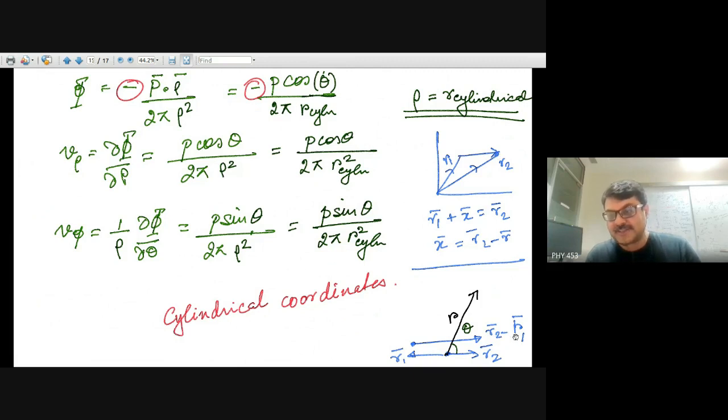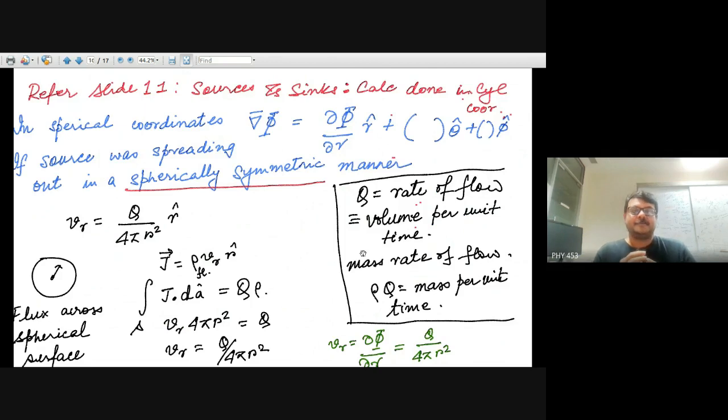So R2 minus R1 here points from here to here. Remember the direction. And then dot rho, or r in the cylindrical coordinates, that's what's here. Or if you write it in terms of cos theta and sine theta, you get r cylinder square.